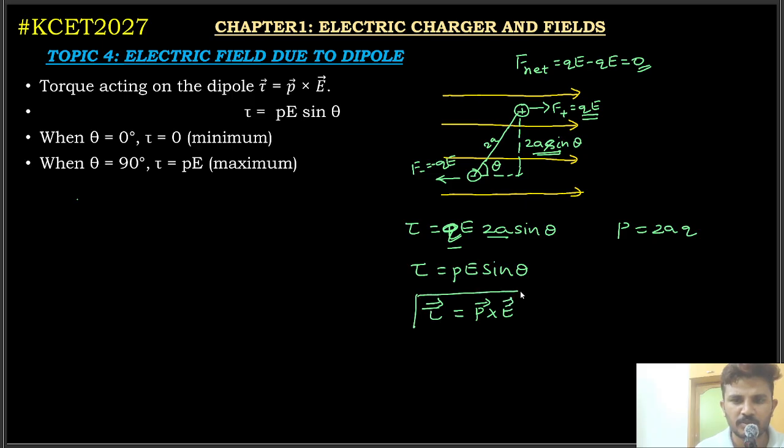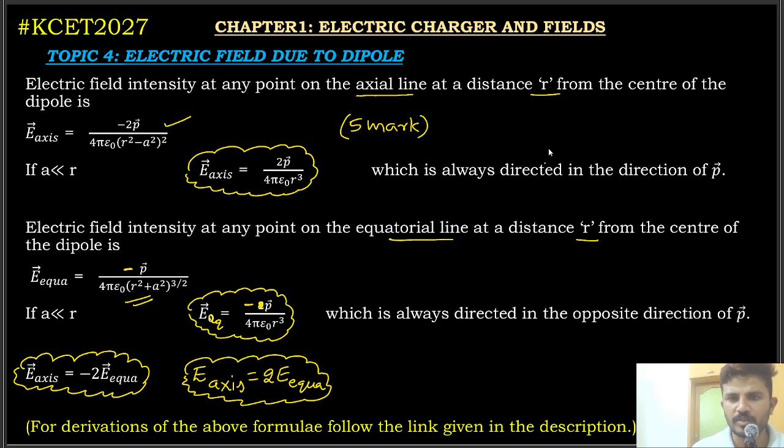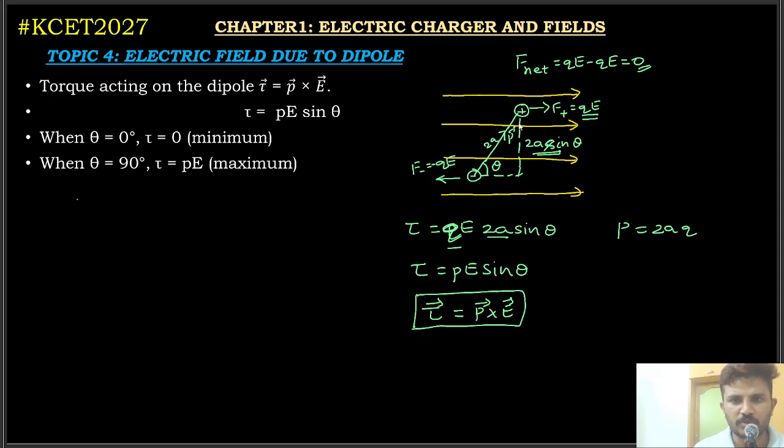Okay. So if I do some external work against this torque, because the dipole moment is in this direction, because of the force experienced by the dipole, it rotates clockwise. But I will do some work against it.